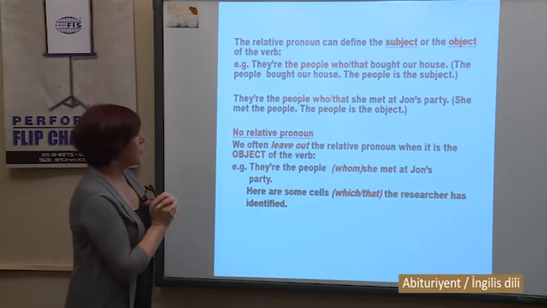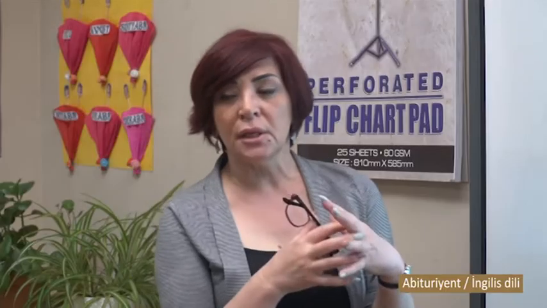And what about omitting relative pronouns? We often leave out, omit, or don't use relative pronouns if after the relative pronoun, the subordinate clause has its own subject. In that case, it can be omitted. We don't say that we always omit it.